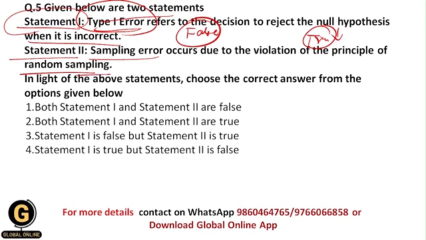Sampling error occurs due to mistakes in the sampling techniques, or due to mistakes in choosing the wrong sample size. All of you getting? So sampling error does not occur due to the violation of the principle of random sampling, and that's why this statement again becomes false. So your correct answer should be 1 over here, because both of these statements are false.